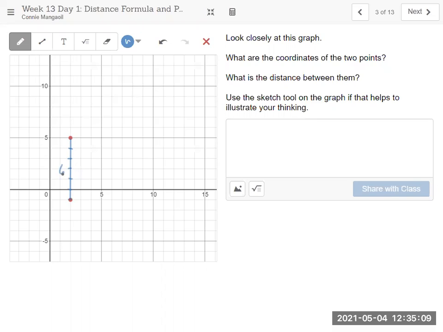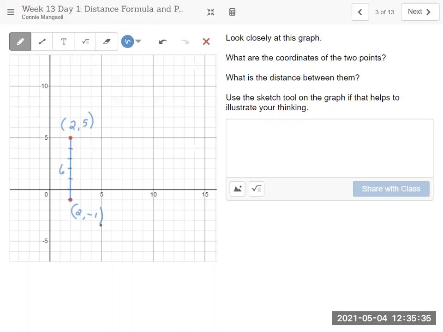Now let's use the coordinates. The coordinates of this point on top is 2, 5. Right? Your x is 2 and your y is 5. And this point here is 2, negative 1. So this time it's the x coordinates that are the same. So what do we do with the y?